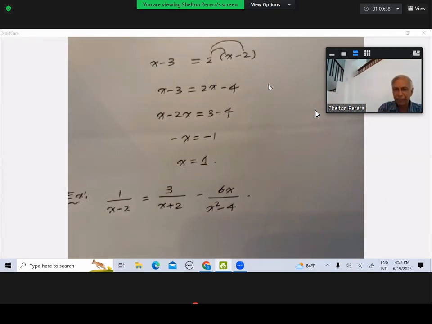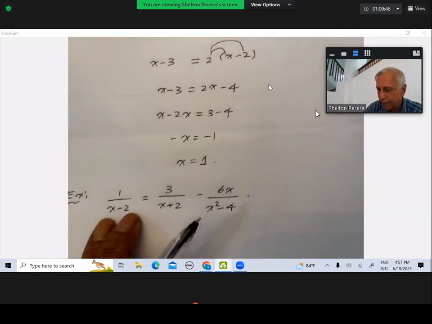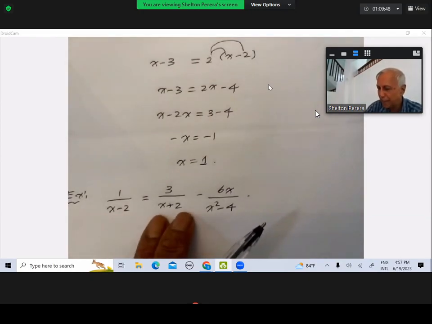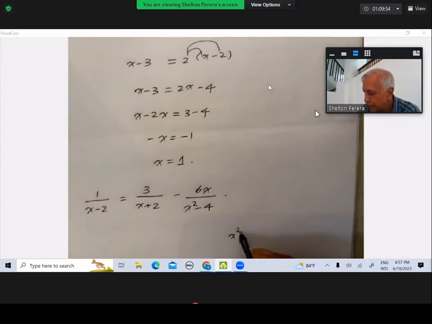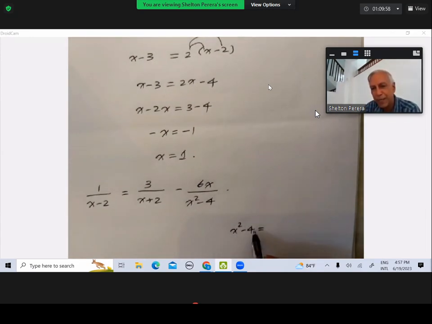Now you did factoring earlier, no? What is the least common denominator? There must be x minus 2 in it, x plus 2 in it, and x squared minus 4. But x squared minus 4 is a difference of two squares. Tamil speaking students, 4 is 2 squared.